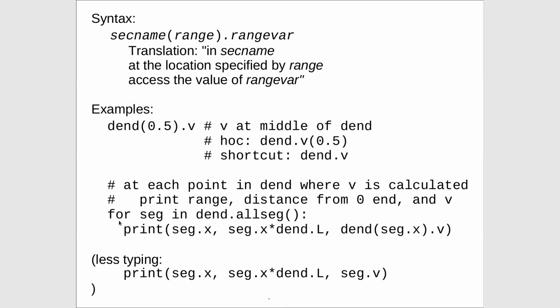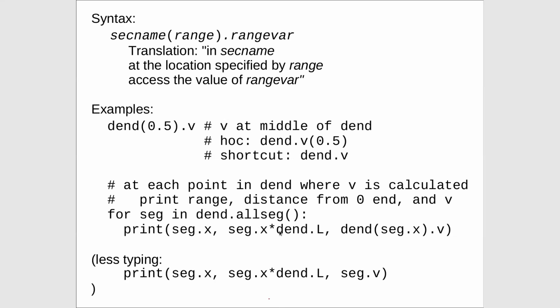This statement iterates over all segments in dend. And for each of those segments, it prints the range, that is, where is the center of that segment? What is the actual anatomical distance from the 0 end of dend? Because remember, this is relative distance, that's normalized distance. This is anatomical distance. Dend has a parameter called L that says how long it is.